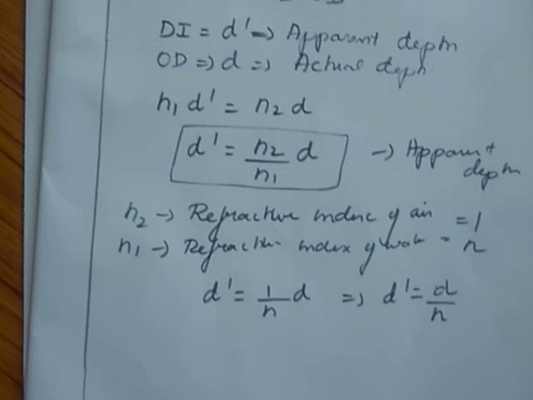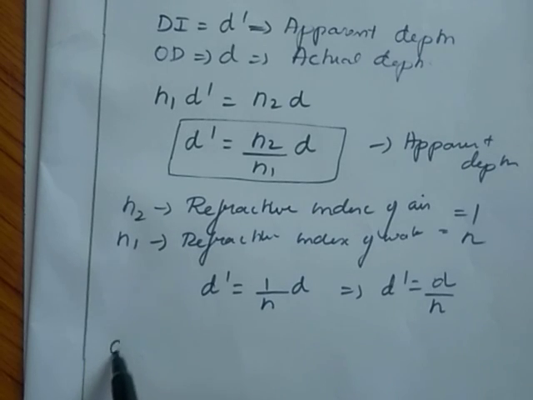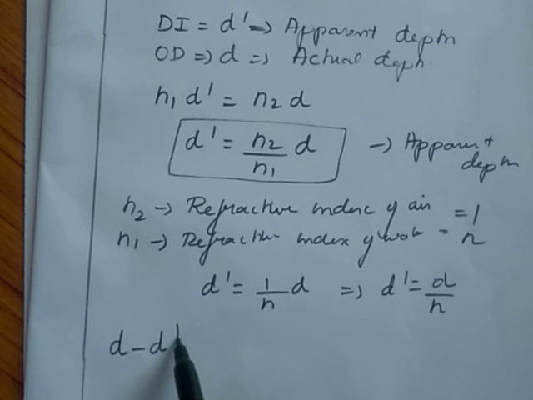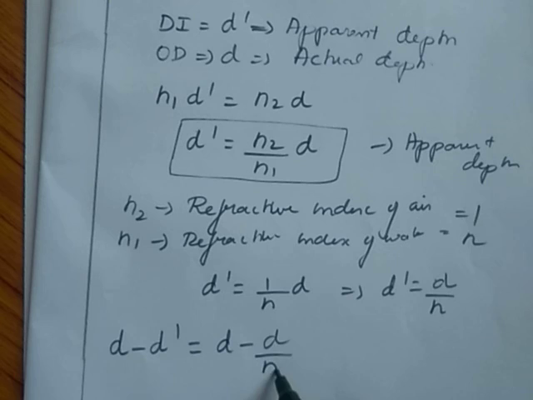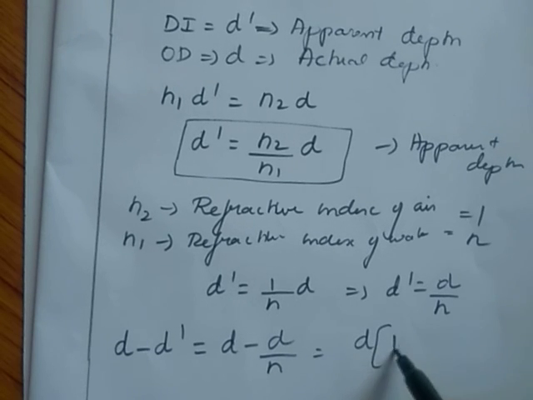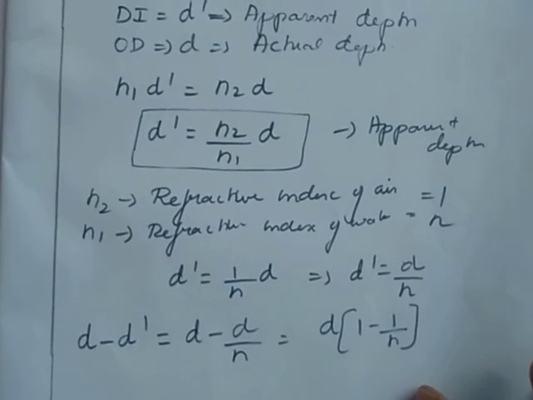Then we need to find the difference between the actual and apparent depths, that is how much the bottom appears to be elevated. So we find d minus d dash, where d dash is d by n. After solving this we get d times 1 minus 1 by n. Thank you.